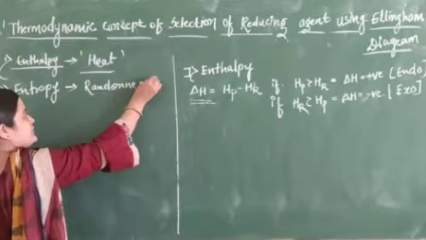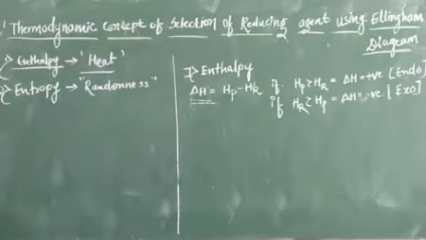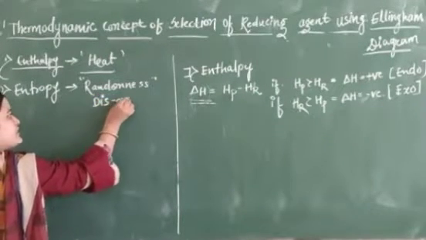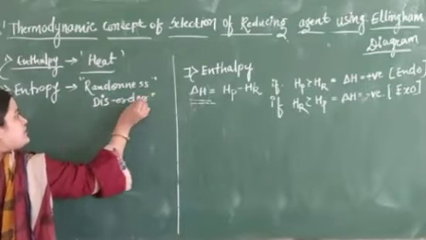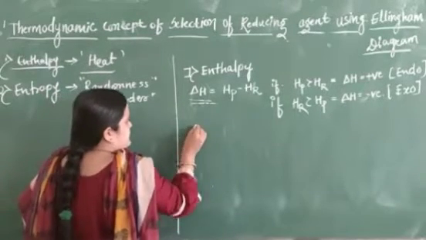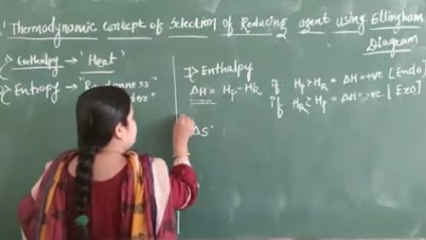Another word for it is disorder. The measurement of disorder of the system is called entropy. Entropy is denoted by the letter delta S. That is the second term.